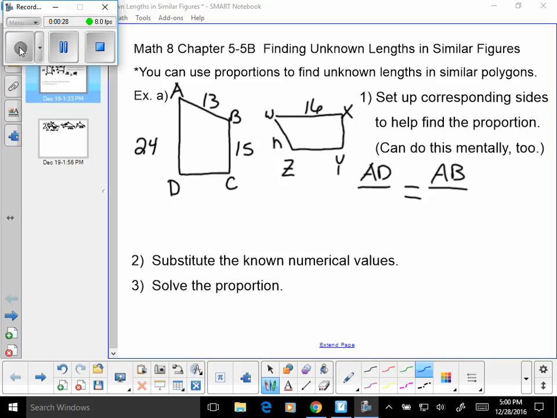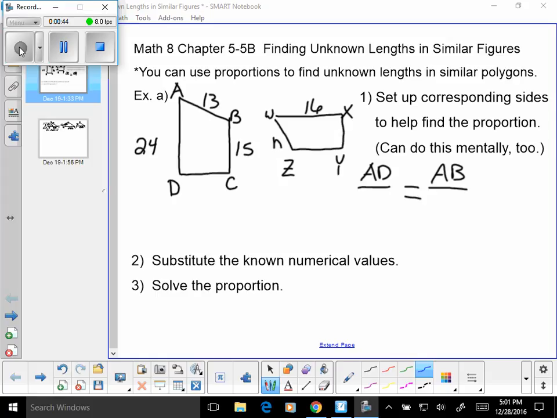be similar. The first thing we do, if we look at example A, step 1 is to set up corresponding sides to help find the proportion. Now usually we do this mentally, but this first example I'm going to do on the board.